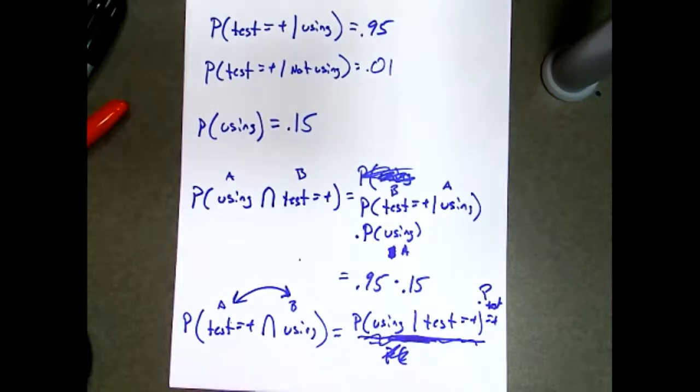So saying something like, what's the probability that someone weighs over a certain amount, given that they're above a certain height, is different than saying what's the probability someone's over a certain height, given that they weigh a certain amount. Those conditional probabilities, the ordering matters, right?